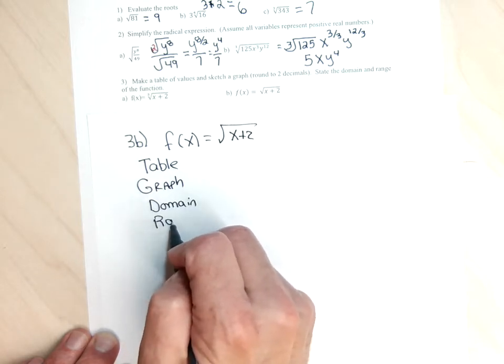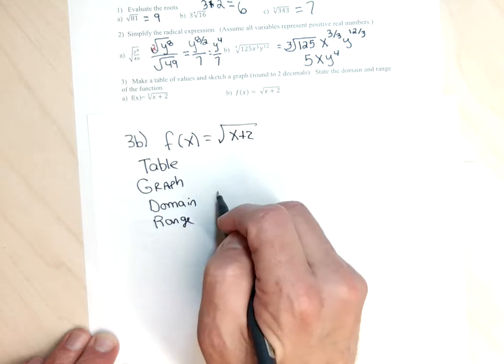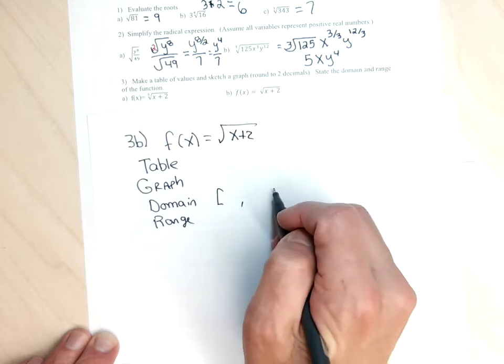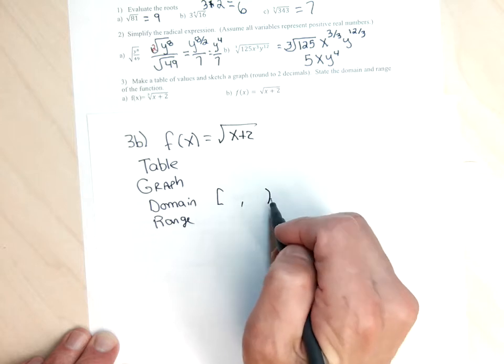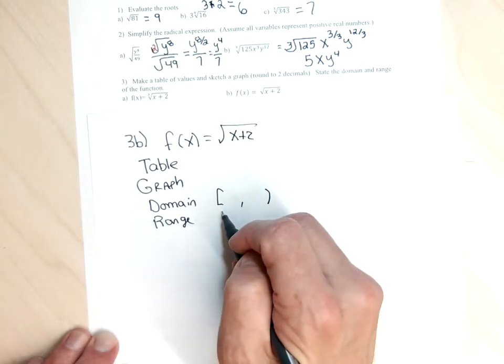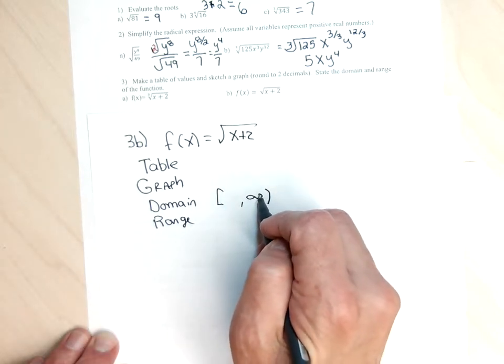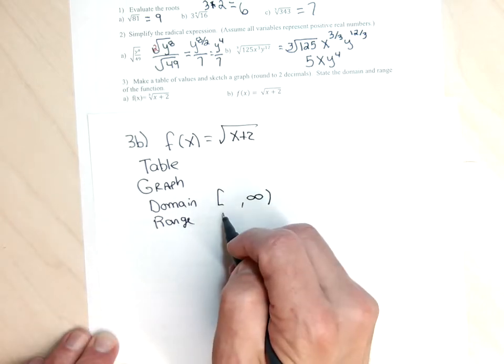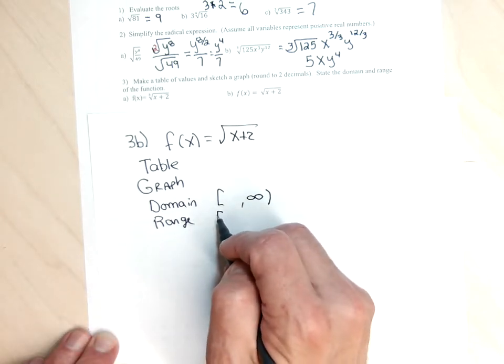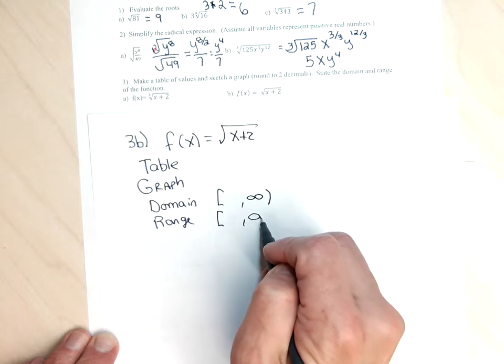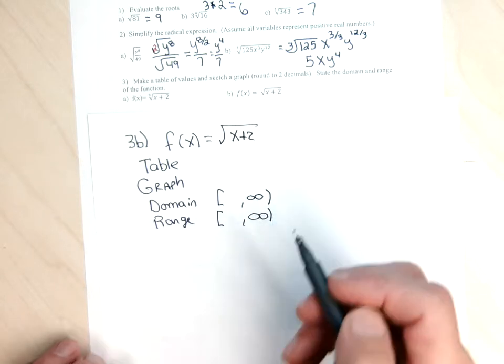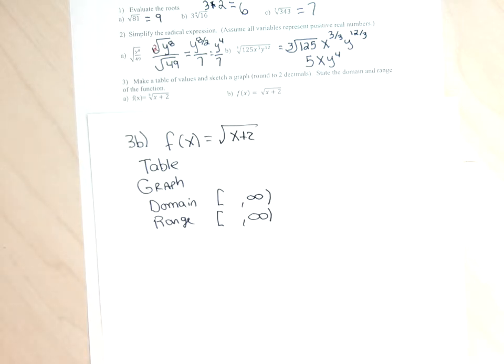For our class, all domains of square root graphs are going to be square bracket, comma, round bracket with infinity at the end after the comma. Similarly, the range is going to be square bracket, comma, infinity, round bracket. And I just need to get the numbers that lead the domain and the range.